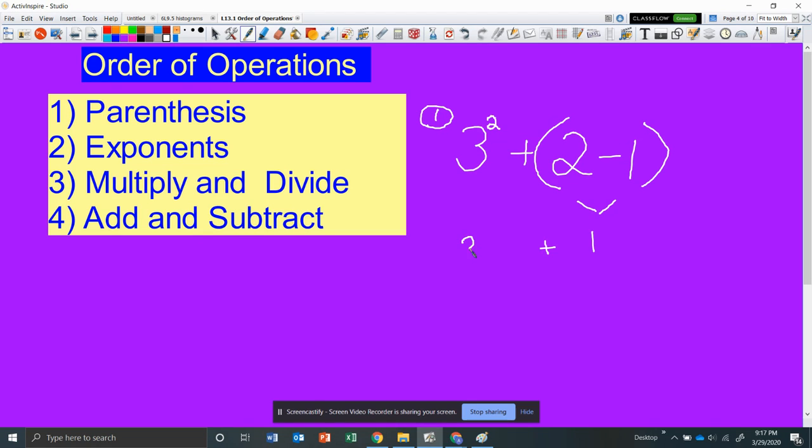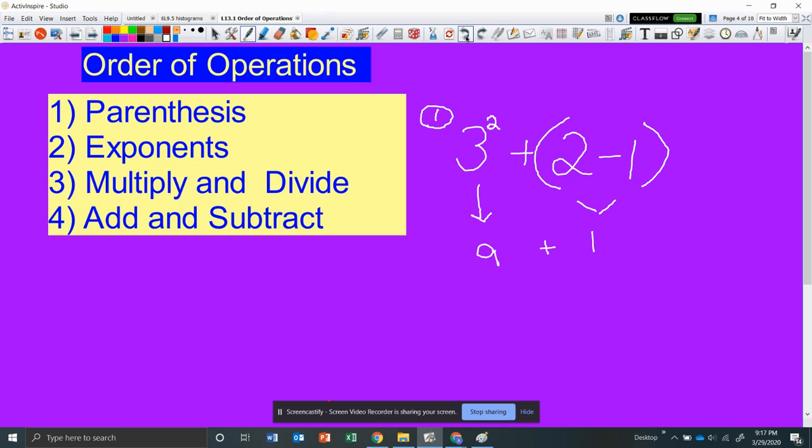It means 3 times itself. And we have to do that math problem first, which is 9. So 3 times itself is the number 9. And so that would turn this problem into 9 plus 1, which equals 10, okay?